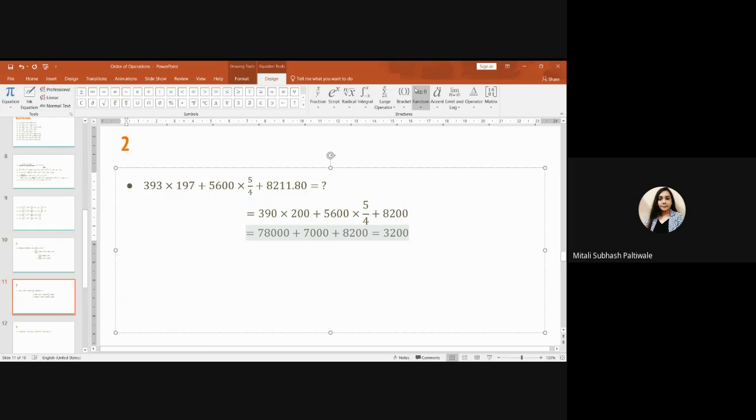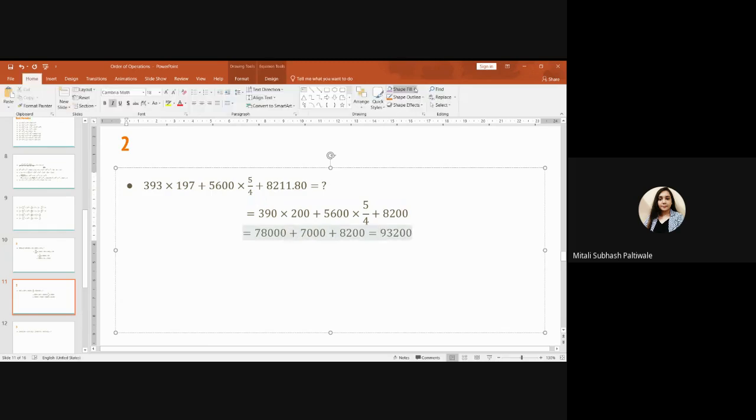Sorry, here 9 should come. Okay, so this is the only answer which we have got. So this is how we were supposed to solve, and that's what we have done.